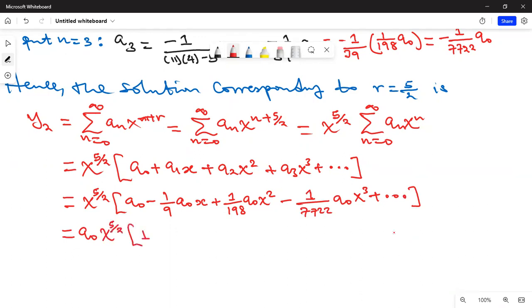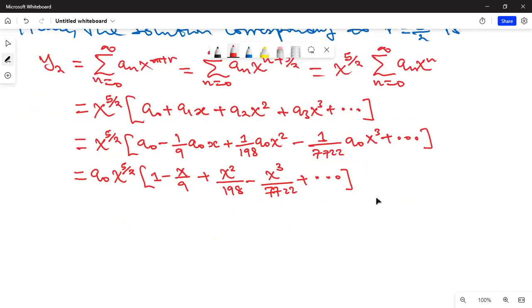Here now we'll have 1 minus x over 9, plus x squared over 198, minus x cubed over 7722. Remember, there are so many other terms up to infinity, so plus so many other terms.